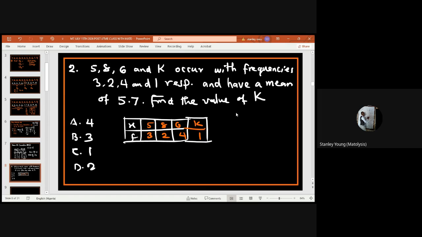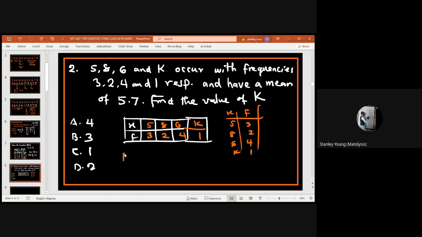For you to get K, the fastest way is, now this is me showing you this. I might not have done this to waste time in exam. I'll just draw a table like this. You have 5, 8, 6, and K. Their frequencies are 3, 2, 4, and 1.